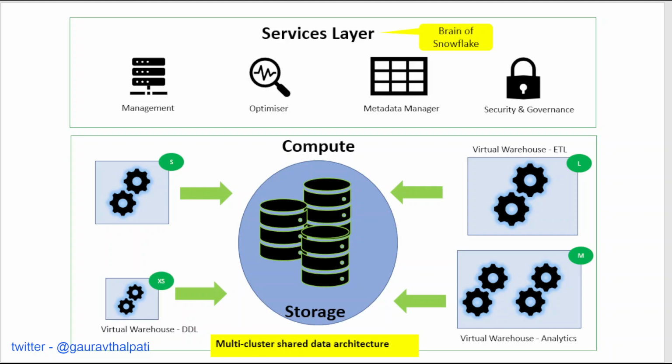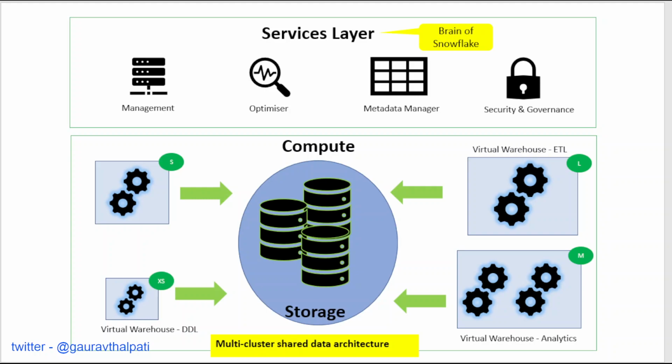And for the final layer, from where the data comes, the data is in this final storage layer. This is built on top of whichever cloud you are using. It is based on top of the cloud storage. So if you have Snowflake on top of AWS, this storage is nothing but the AWS S3 storage. Snowflake has its own file formats, its own proprietary storage, but this is on top of S3.